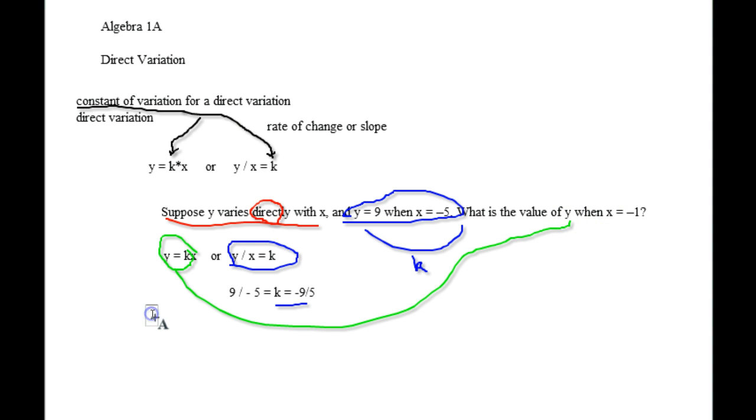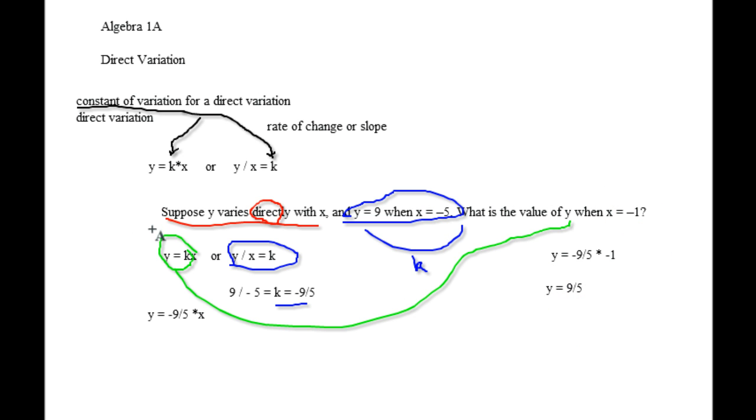So the formula becomes y equals negative 9/5 times x. We plug it in, so y equals negative 9/5 times negative 1. They're both negative, so they become positive, and y equals just 9/5. So y equals 9/5 when x equals negative 1.